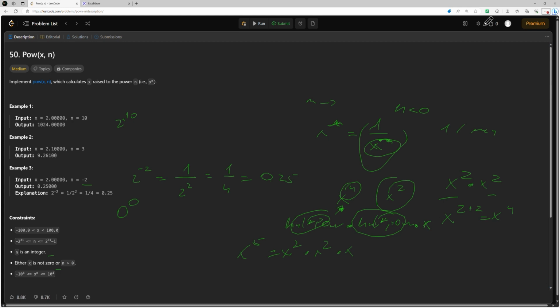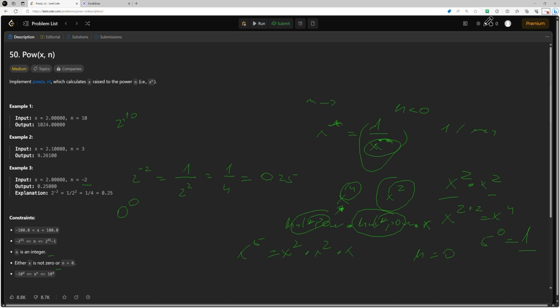So for the recursion, we'll have two cases, the odd and even power. We'll keep on dividing the power, and the base case for the recursion is when the power is equal to 0. In that case, any number to the power of 0 is equal to 1, so we just return 1.